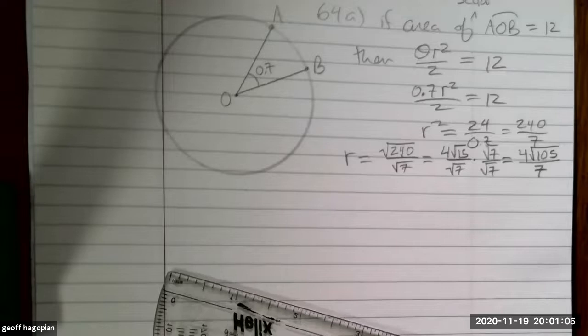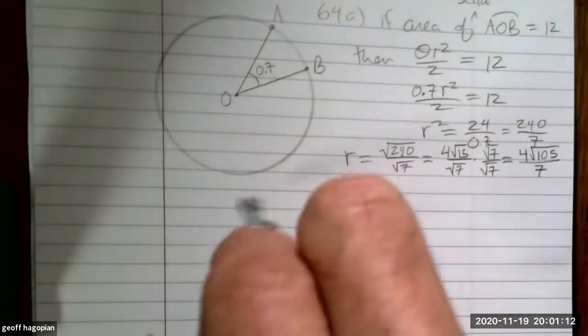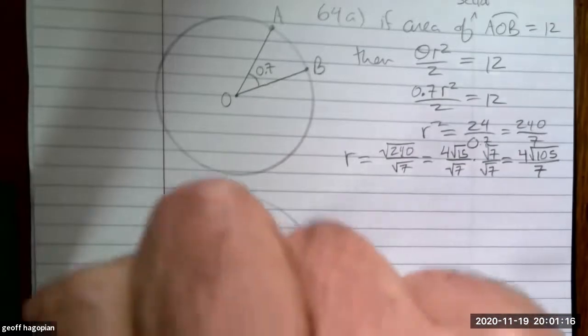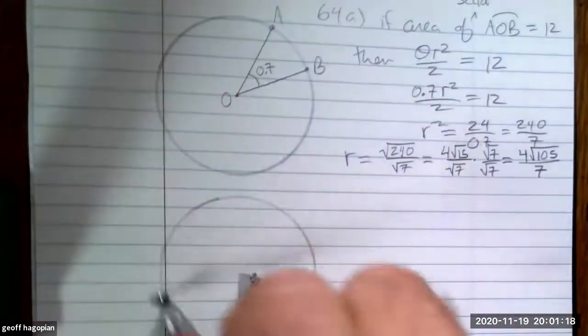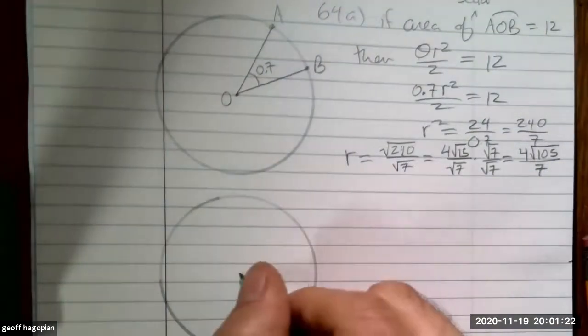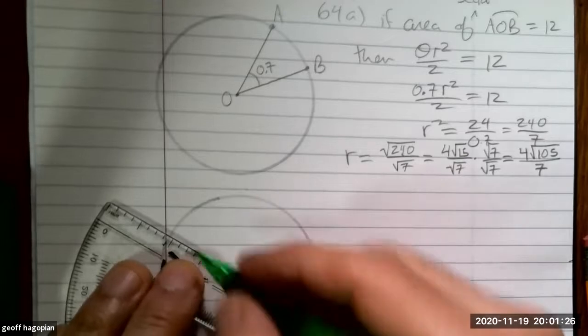So what if the central angle is 150 degrees? Okay, let's draw another circle. We could reuse the same circle, but circles are cheap. See how cheap that is? You get a circle for nothing. And 150 degrees, well, that's 30 degrees short of a straight angle.